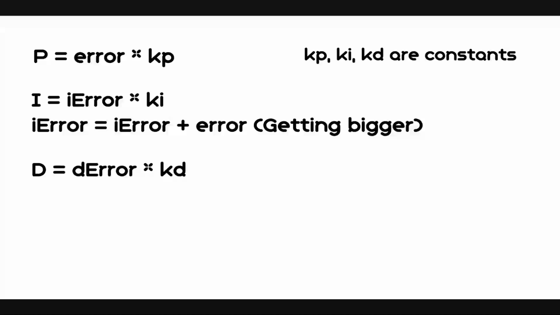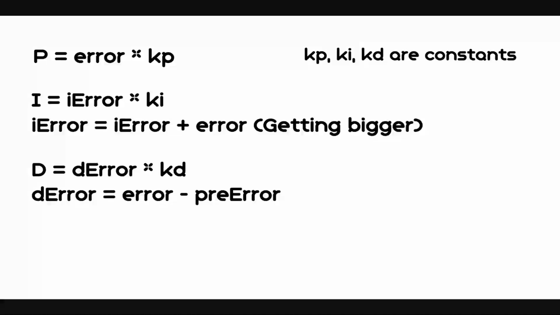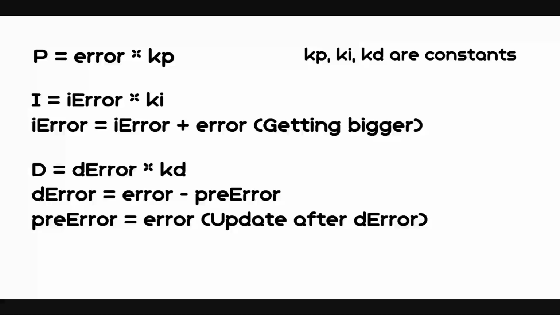And the third one is D. Our formula is D error times Kd. Now, D error should be error minus pre-error, and the pre-error should be the error after updating D error, which means that pre-error is the last time's error, so it's called pre-error. It's calculating the difference between this and the last error, and it smooths the control.